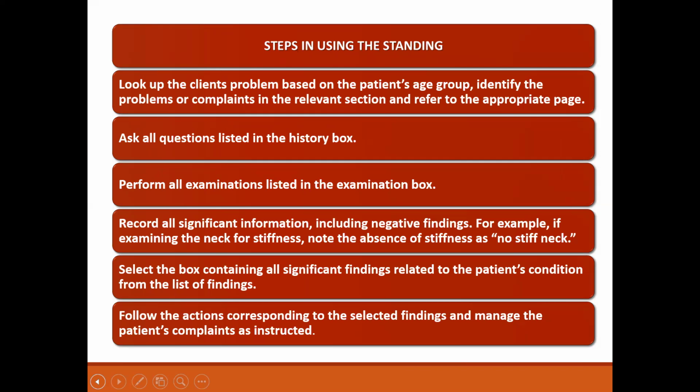The age would determine if you're going to use the adult section, child section, adolescent section, or elderly section. Then when you identify the age group, you identify the problem or complaint in the relevant section and refer to the appropriate page. In our case here, the age is 23 years, so it's an adult. So we're going to use the adult section.